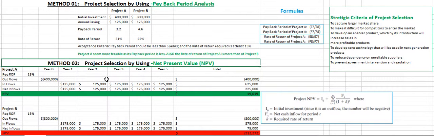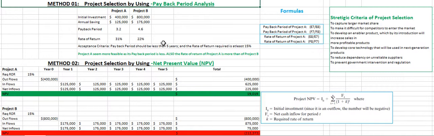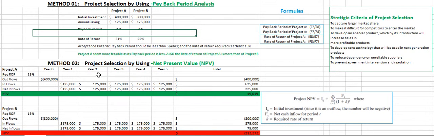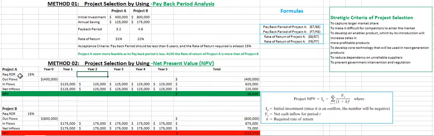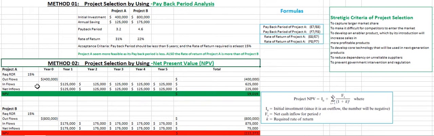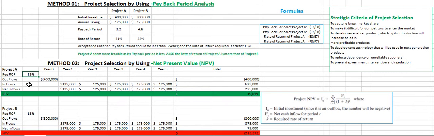The second method is net present value. In payback analysis, net present value is not considered, but let's see what happens when we calculate it. The required rate of return is 15%, and at year 0 we have invested $400,000 for project A, and these are the cash inflows we earn every year.